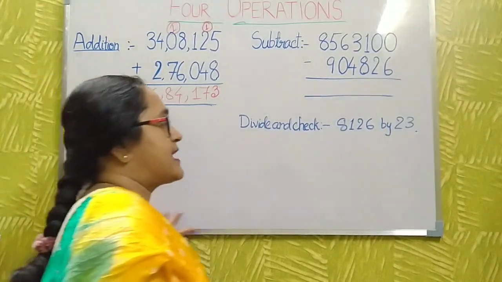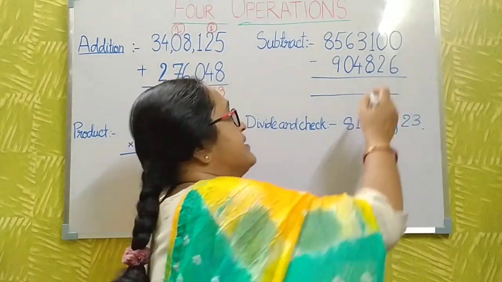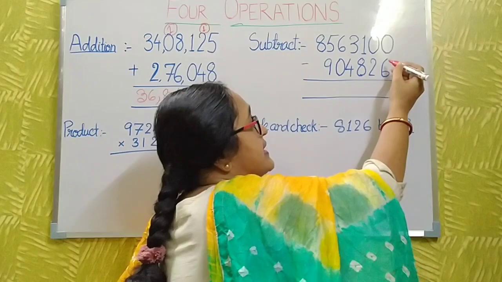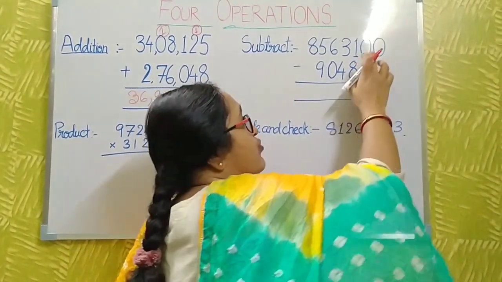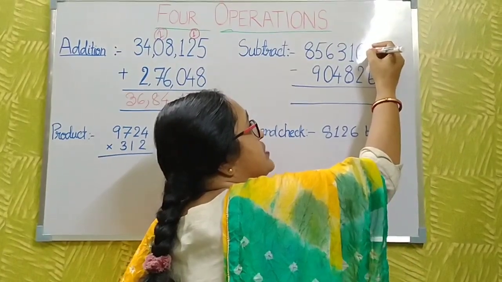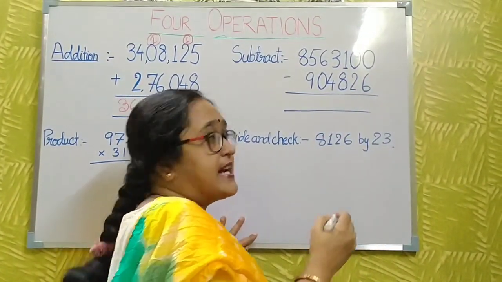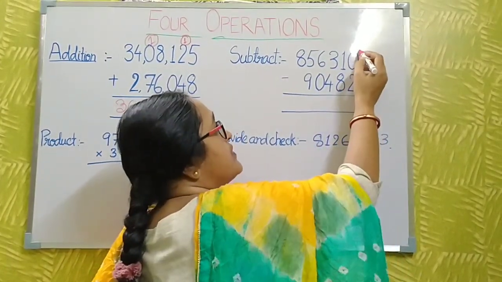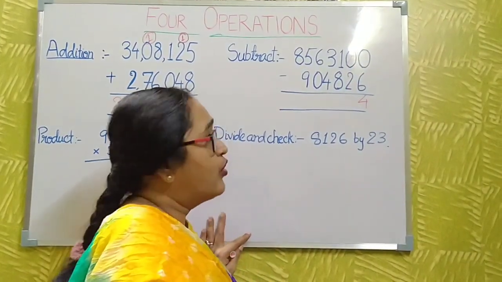Now I discuss the subtraction also. When here is 0 and the lower one is any other number, then you decide 0 means 10. Then 10 minus 6 is 4, and 1 is borrowed from here; you cut here and put 9.